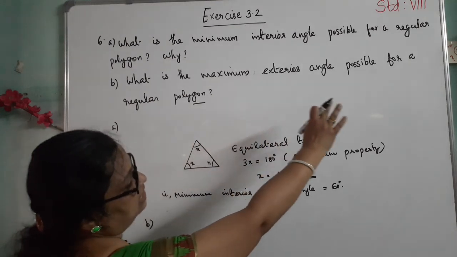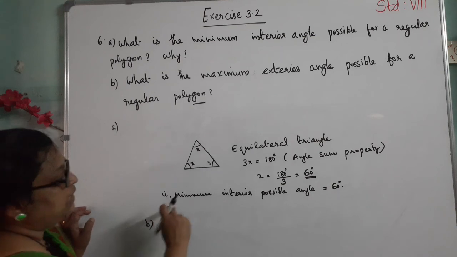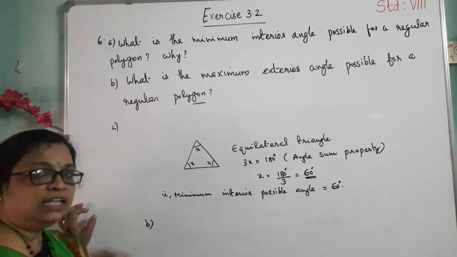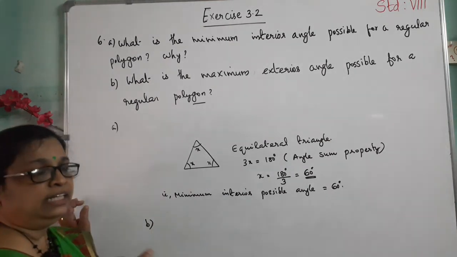What is the maximum exterior angle possible for a regular polygon? That is part B. We know that in part A the minimum possible interior angle is 60 degrees. Interior angle and exterior angle together form a linear pair of 180 degrees.